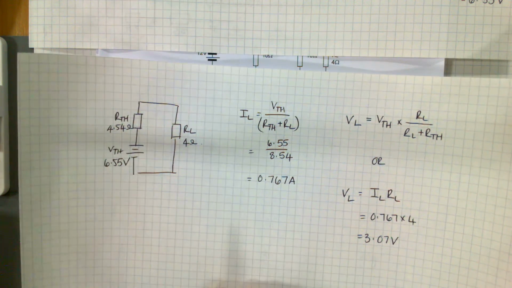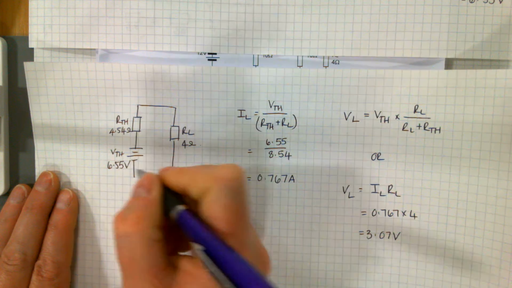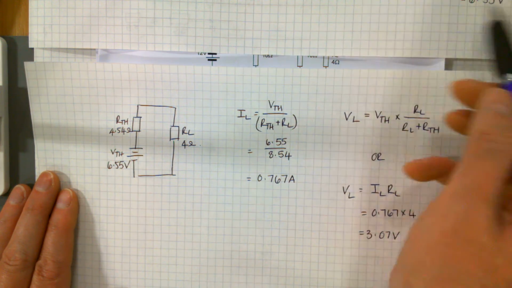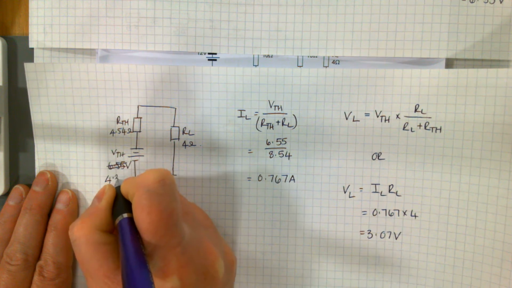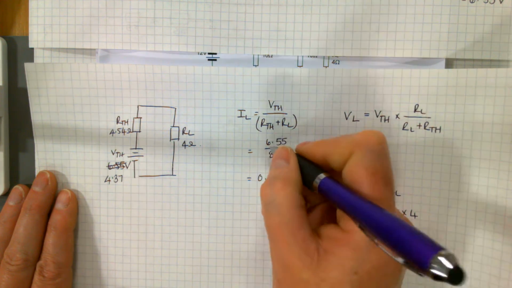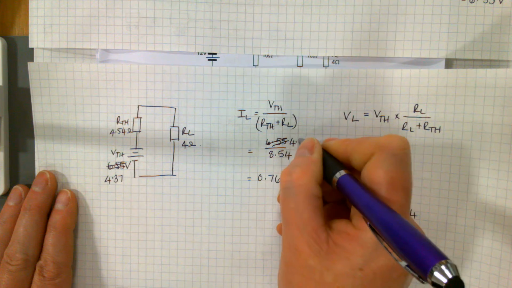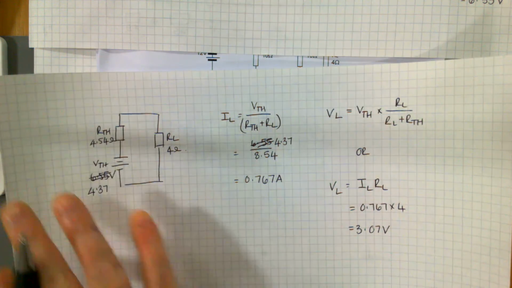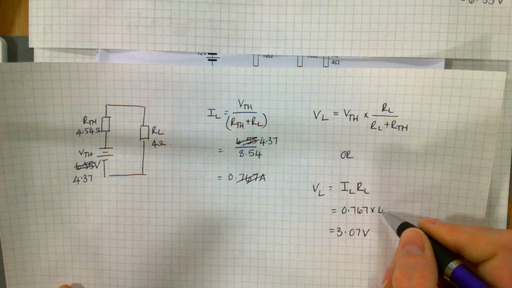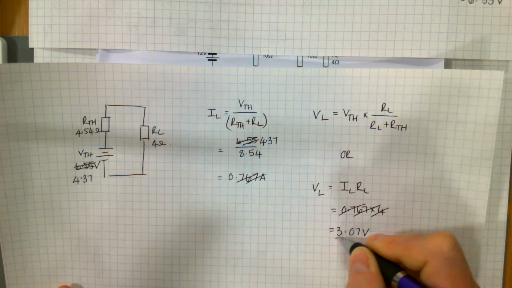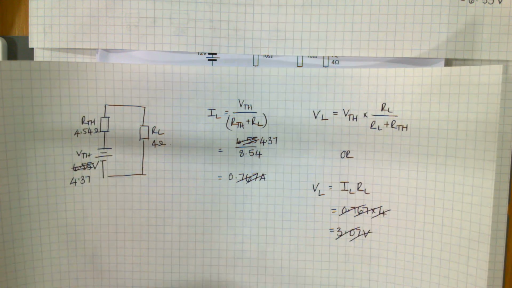Sorry, I've made a mistake. I've copied down the wrong value. For my V Thevenin, I've copied down my V parallel. It's not V parallel, it's VAB, the 4.37. Been corrected. I'll take my 4.37, move it in there. Change that.